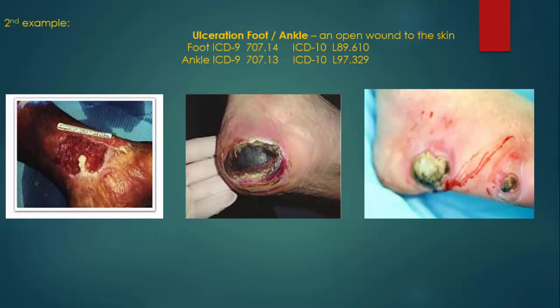Well, if your wound care product is designed for either the beefy red hypergranulation tissue on the left, the area of necrotic eschar in the center, or the area of the stringy yellow necrotic tissue on the right side, if your product is designed for one of those, it's not going to work too effectively on the other two. If it works on the beefy red granulation tissue, it probably won't work too successfully on the eschar or the stringy necrotic tissue.